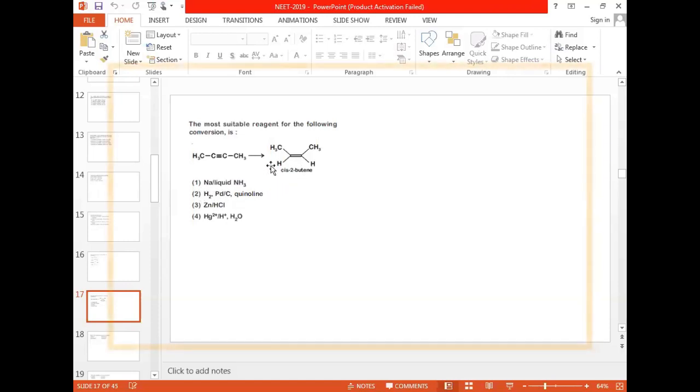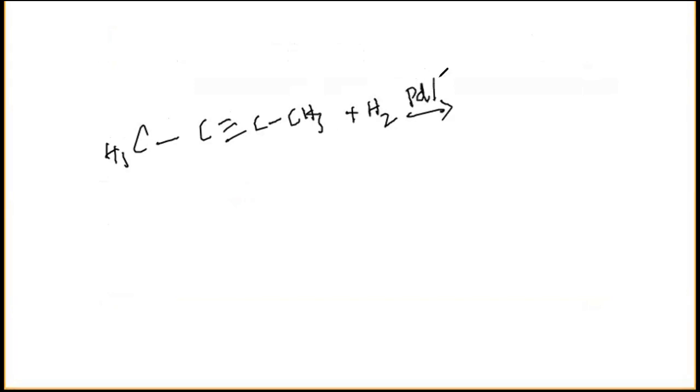Means here, I'll take this particular one first. What is given here? CH3, C triple bond C, CH3. If I take H2, that is partial reduction using palladized carbon in the presence of quinoline, which is known as Lindlar's catalyst.